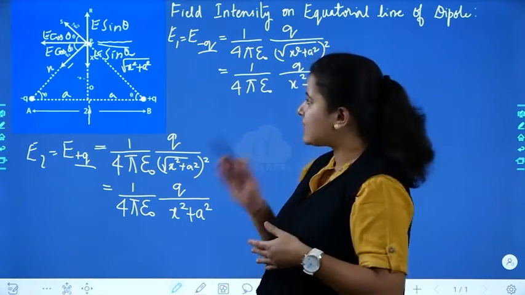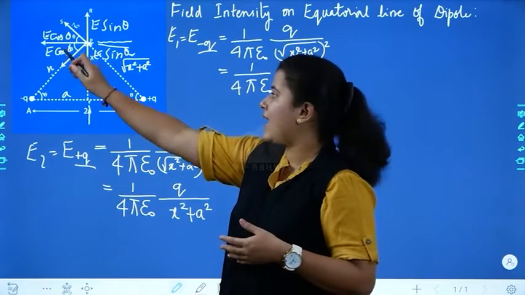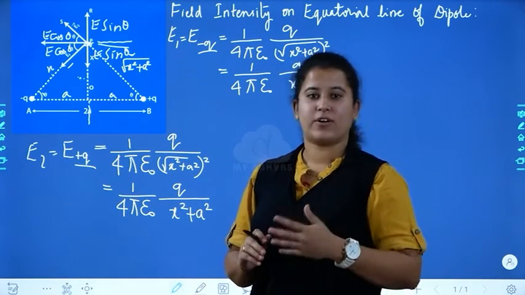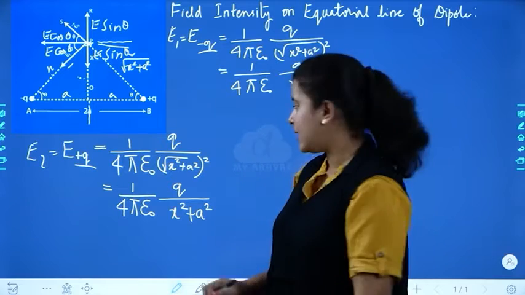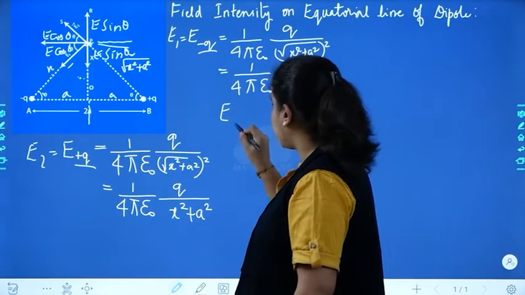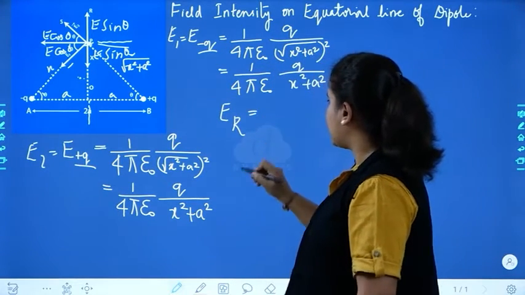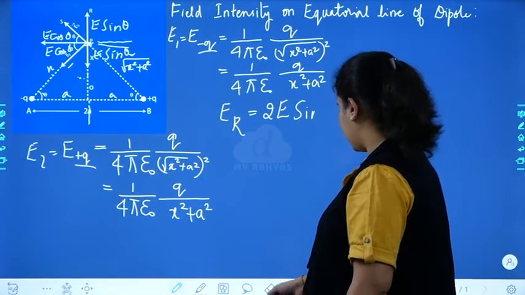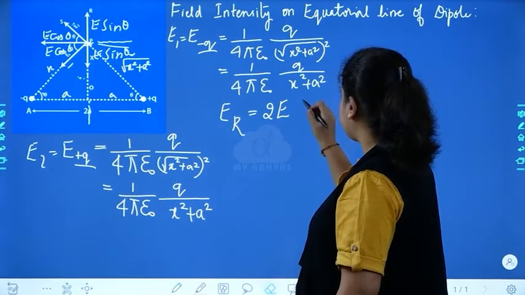But in the second case, I have gotten 2 cos theta. So that is 2 E cos theta I will be getting. The resultant field intensity is equal to 2 E cos theta.